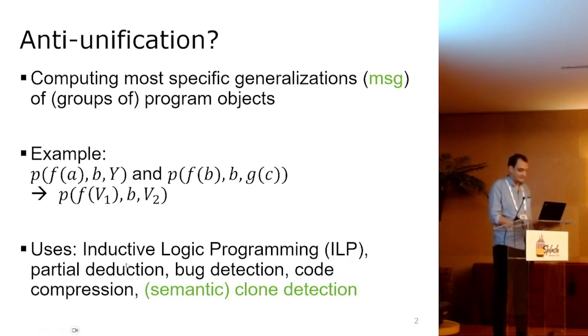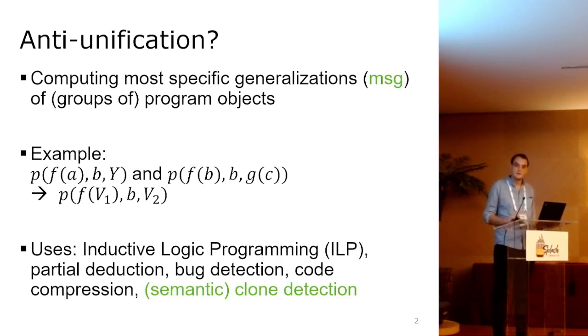It is also used in partial deduction, where it can be used to control some searches, in bug detection, code compression, and the last example here, semantic clone detection, is the context that interests us, because we're leading some research in semantic clone detection in logic programs.